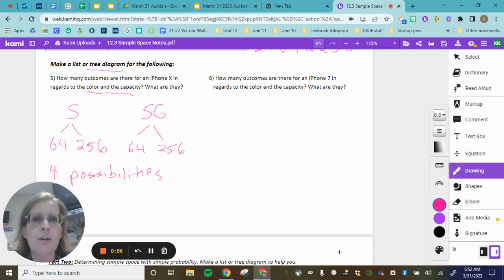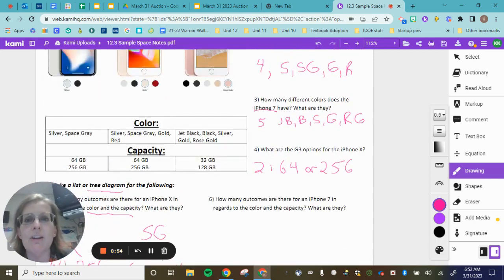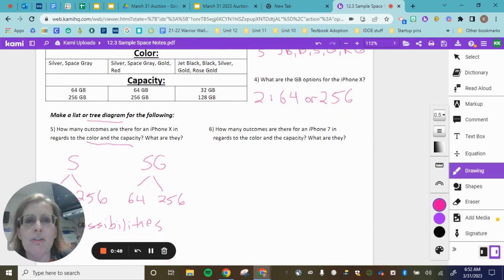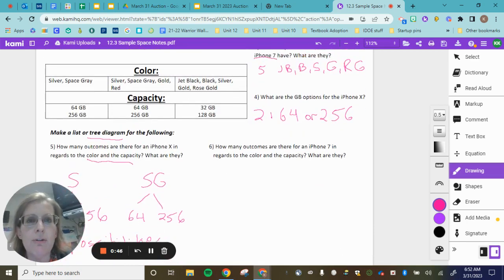Then the next one says, how about for the iPhone 7? That one has a lot more choices because the iPhone 7 had 5 different options for the color. So for our color, we might have to write this a little bit smaller so that it'll fit. We have jet black, regular black, silver, gold, and rose gold.